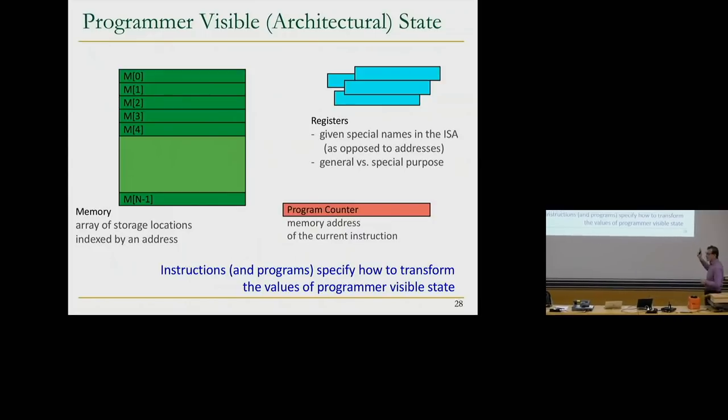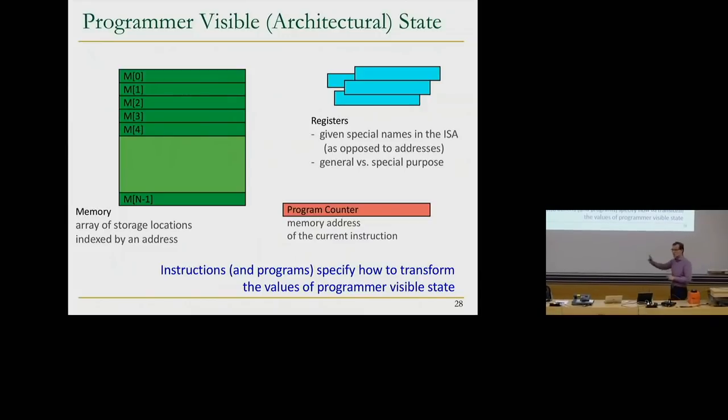And they could be general or special purpose. Assume that they're all general purpose. You can use them for anything, but you saw one special purpose register, which is R0 in MIPS, right? It's always 0. That's very special purpose. And a programmer also knows the program counter. That's the memory address of the current instruction.